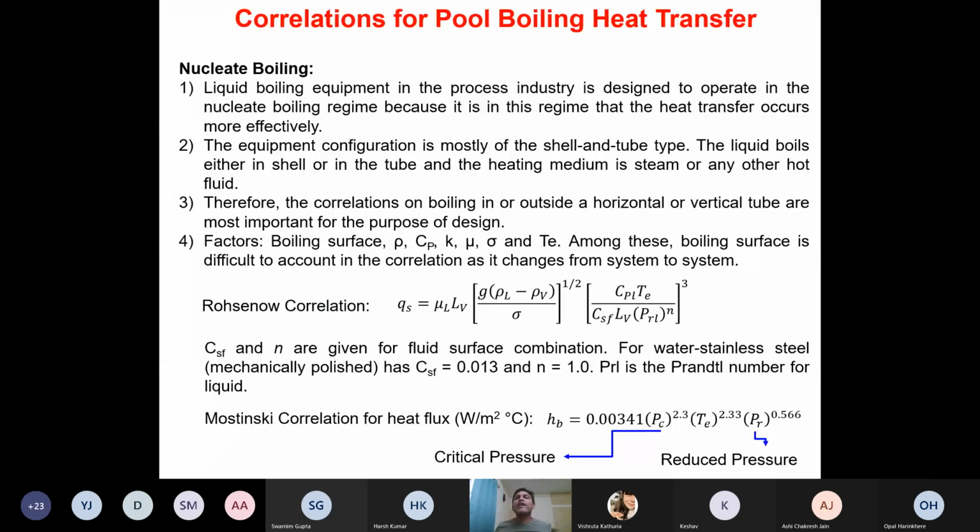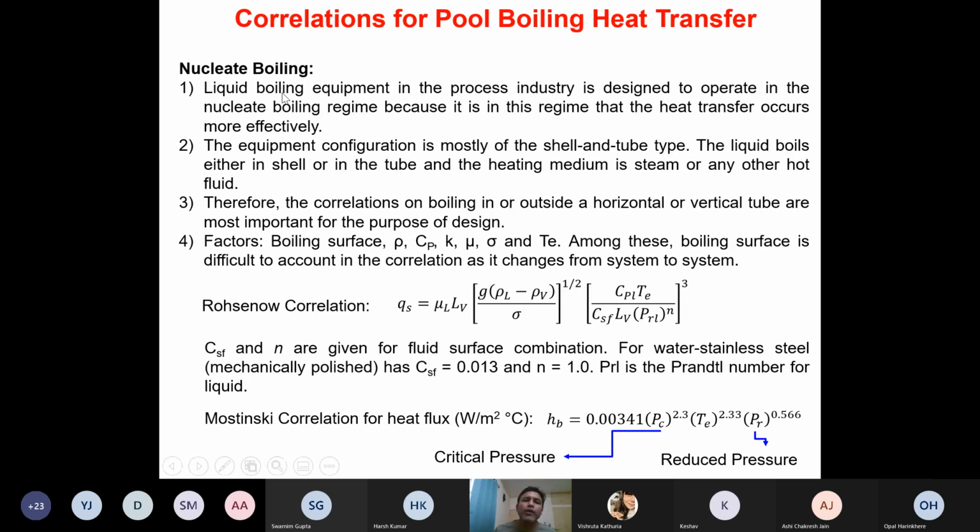Now let's look at the correlations for nucleate boiling. Remember, I said that nucleate boiling is the most important boiling regime as far as process applications are concerned, because the heat transfer coefficient you get is highest in this particular regime, primarily because stable bubbles are formed in the boiling region, and because of these bubbles vigorous turbulence is added in the liquid, and that also increases the heat transfer coefficient.